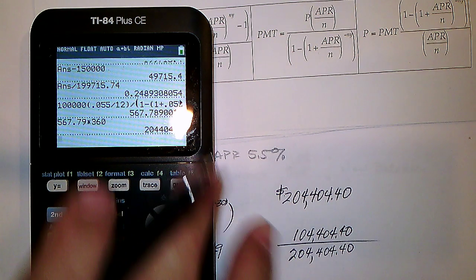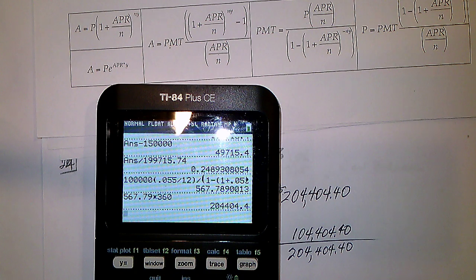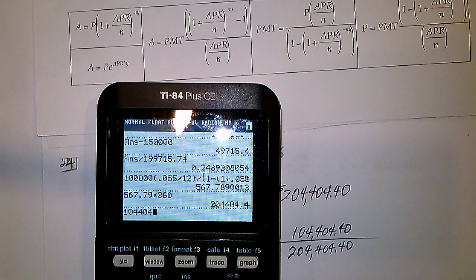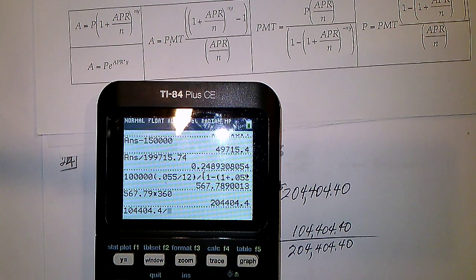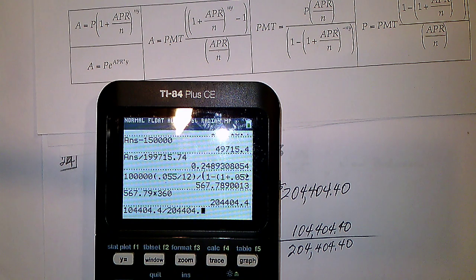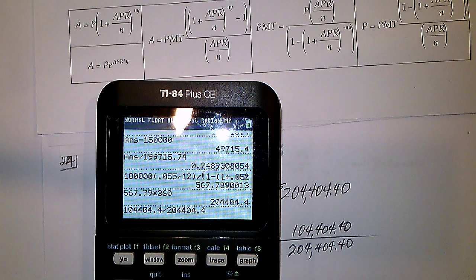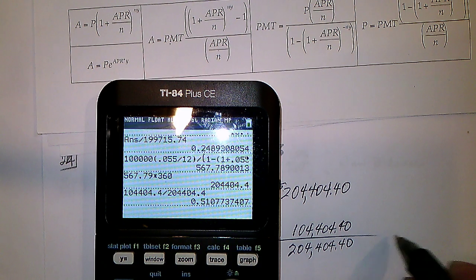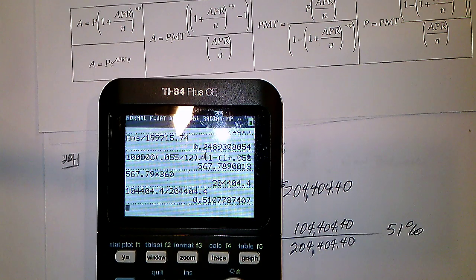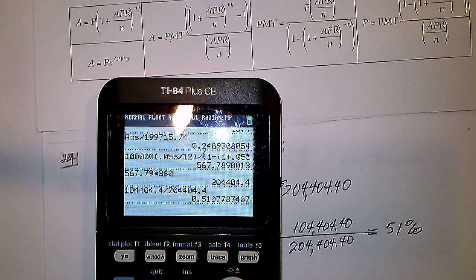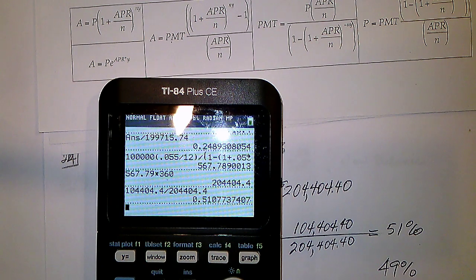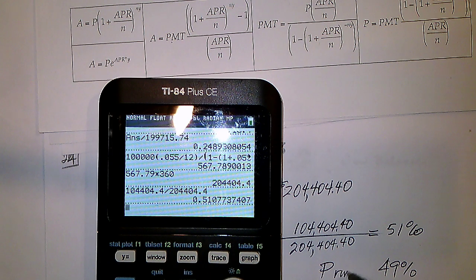And that'll be how much interest we paid. 104,404.4 divided by 204,404.4. And we get 51% of the money we pay back is interest, and 49% will be on the principal.